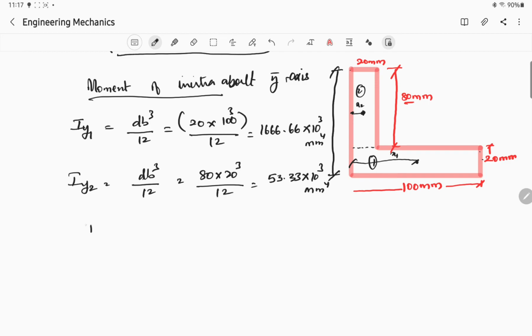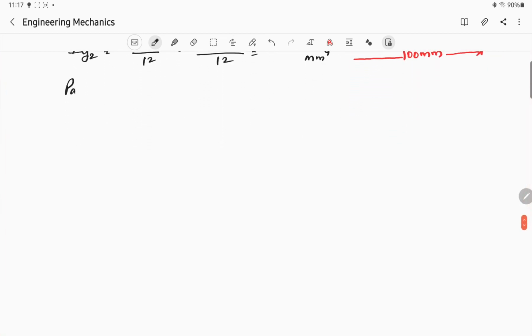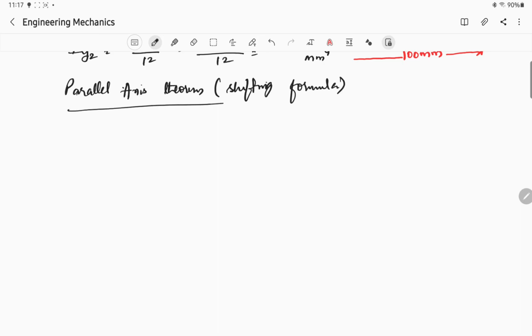Now we'll calculate moment of inertia about its centroidal y-axis. Since the x and y axis will not be cutting both the centroids equally, we'll use the parallel axis theorem, also known as the shifting formula.